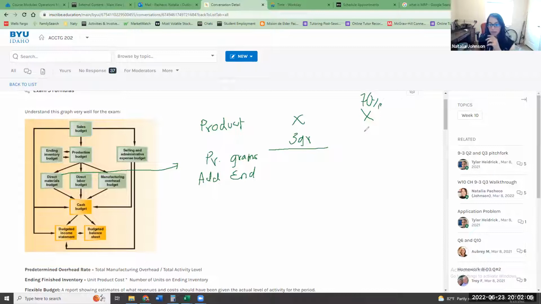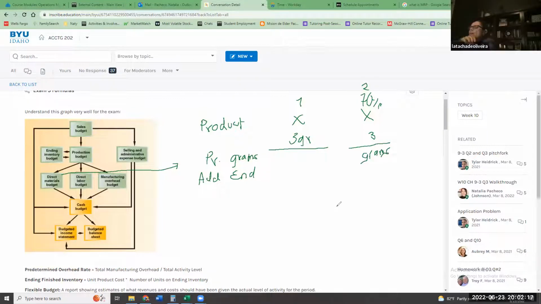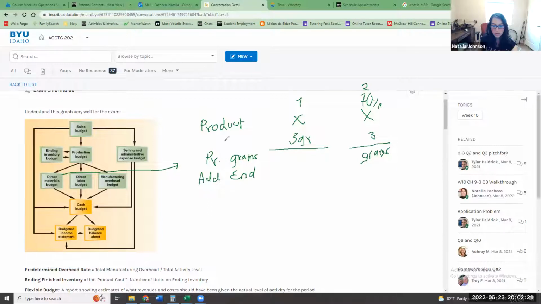So if let's say that this is 1 month, this is the second month, we also multiply this 1 times 3 to have the grams. And you need to know. What's that P, is that a PR, PV, what is that? This is production, so the production, but in grams.